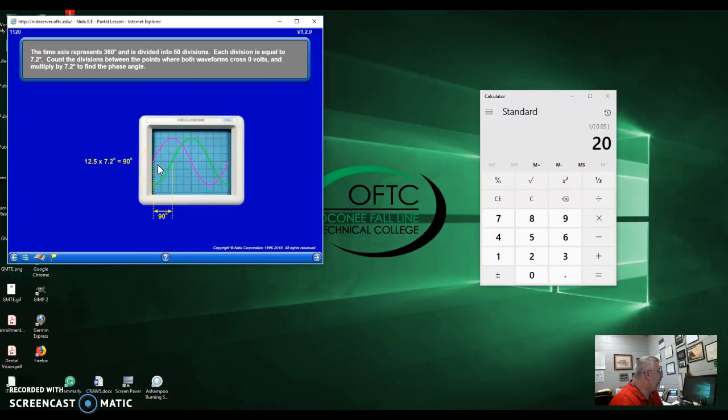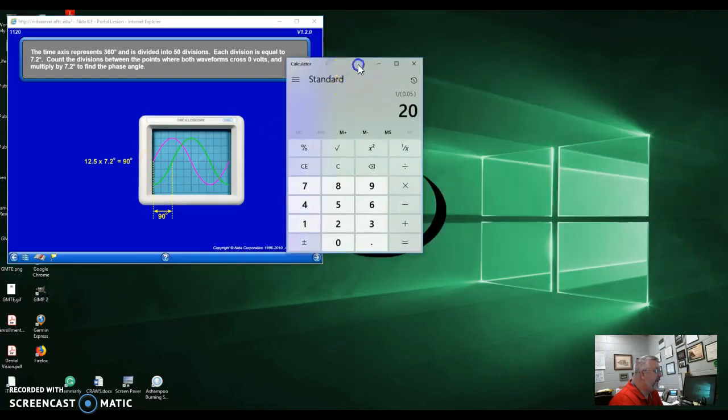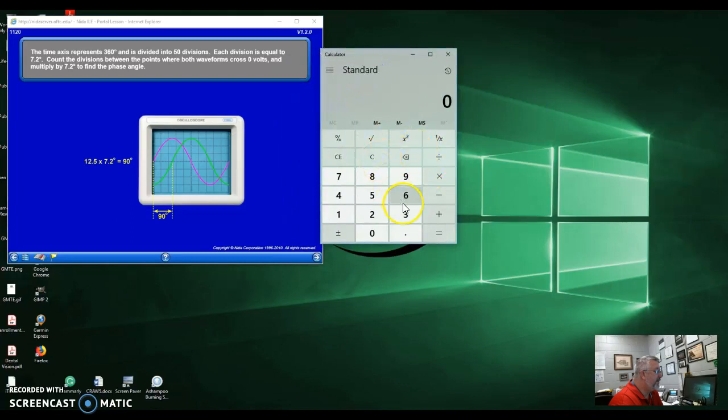These minor divisions represent 1/5 of that. So if I divide 36 by 5, we get 7.2, which is what they're talking about. So each one of these little tiny tick marks represents 7.2 degrees of angle.